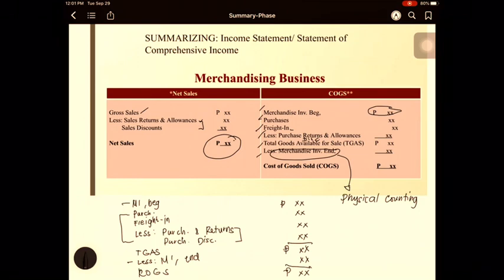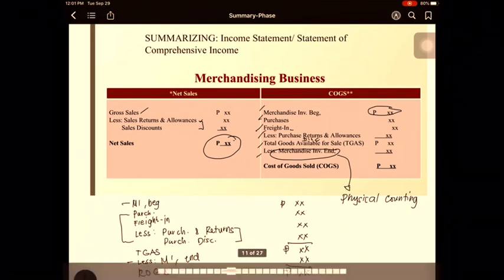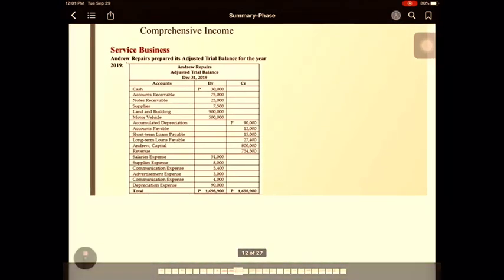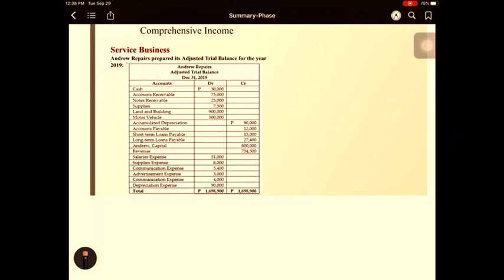Okay, so for us to better understand the rules on how to prepare an income statement or a comprehensive income, let us try answering a problem concerning a service type of business.